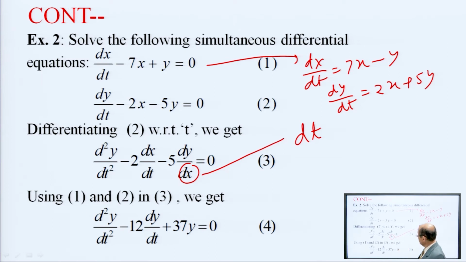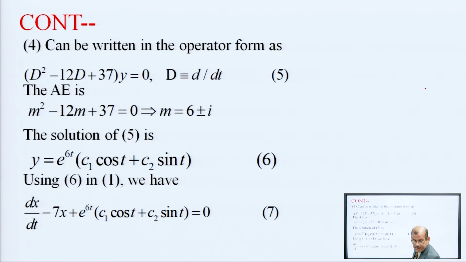It becomes a linear differential equation of second order with y as the dependent variable and t as the independent variable. Find the complementary function. Written in operator form, D square minus 12D plus 37 applied to y is equal to 0, where D stands for d by dt. The auxiliary equation is m square minus 12m plus 37 is equal to 0.